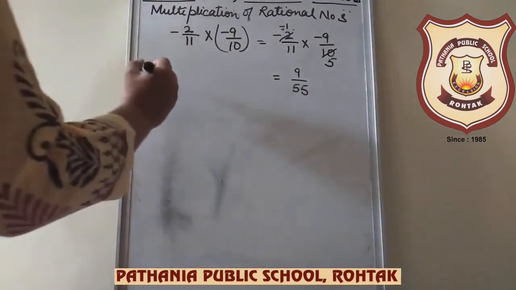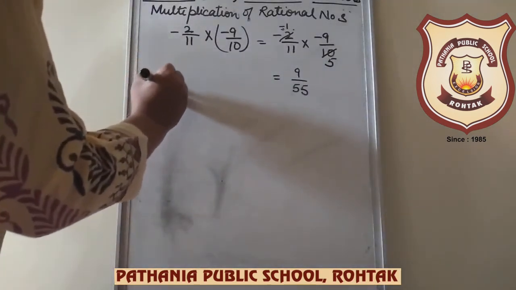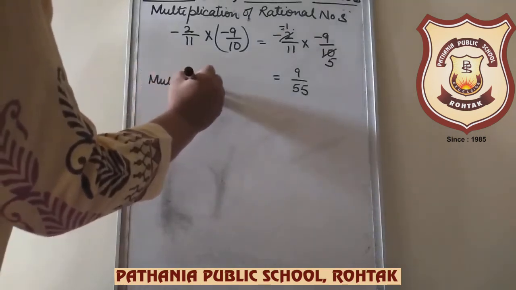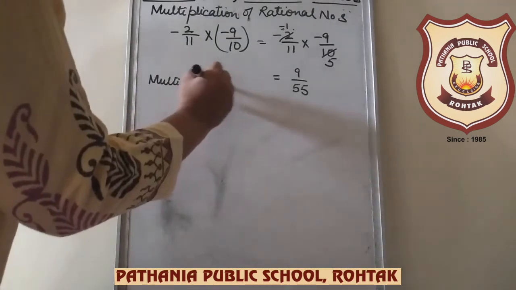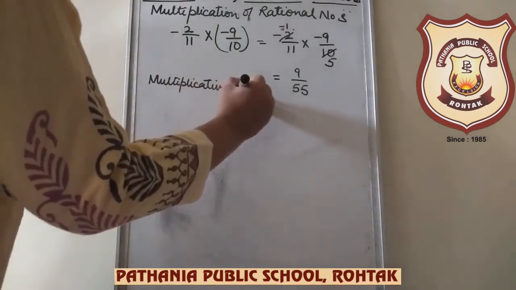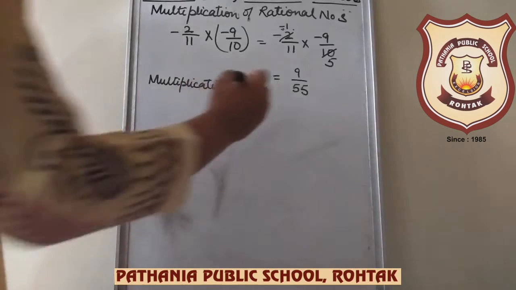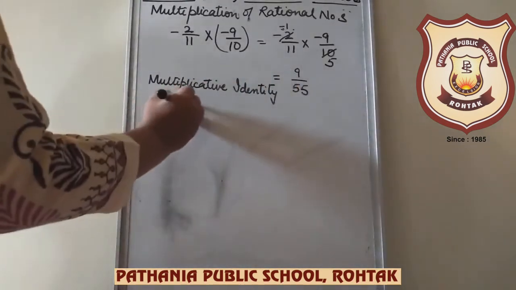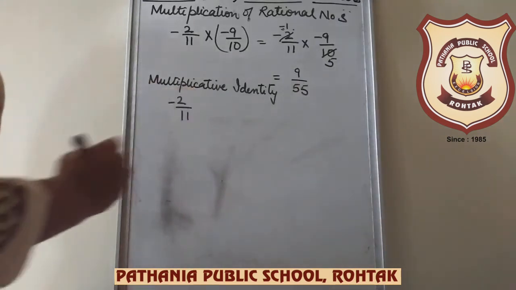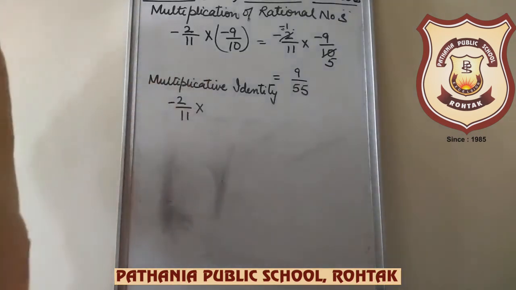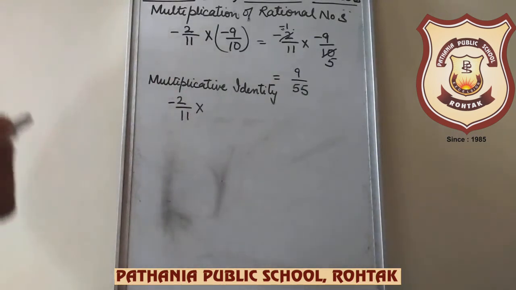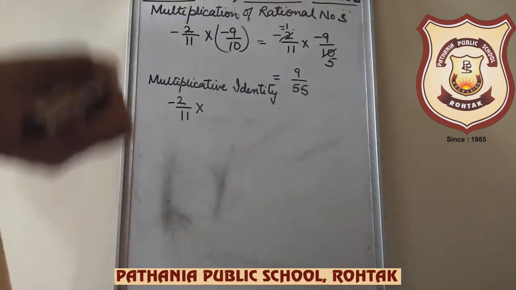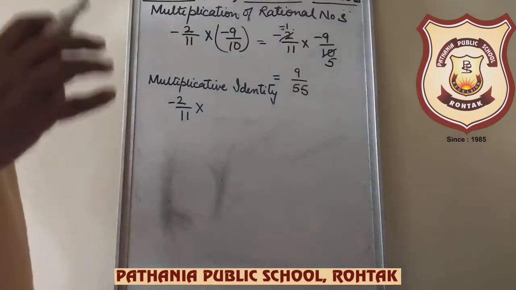And then there is multiplicative identity. What is multiplicative identity? If I have minus 2 upon 11, its value should not be changed. I have to multiply it with any other rational number so that its identity does not change.